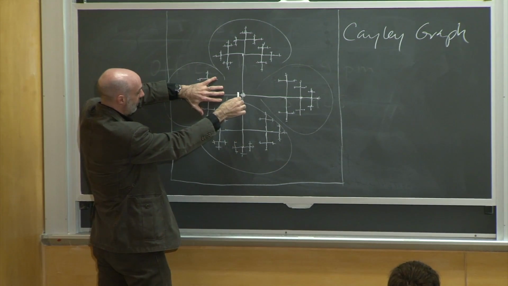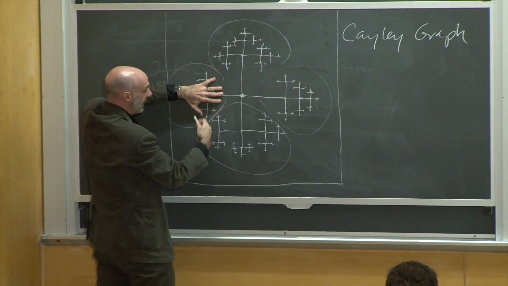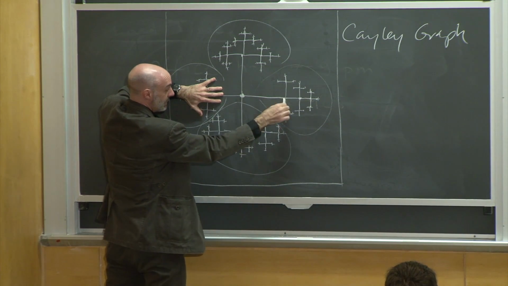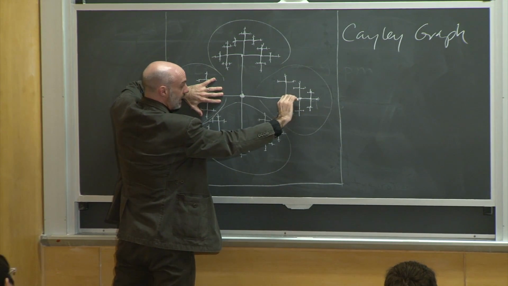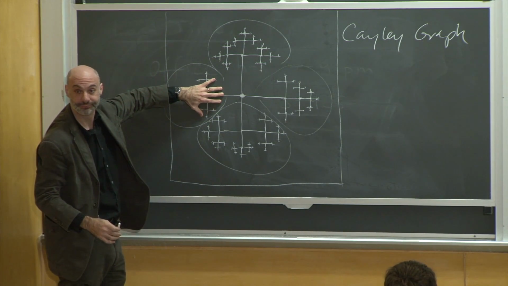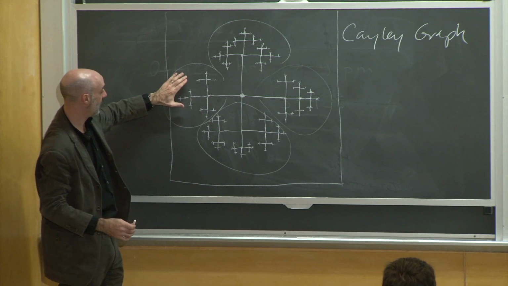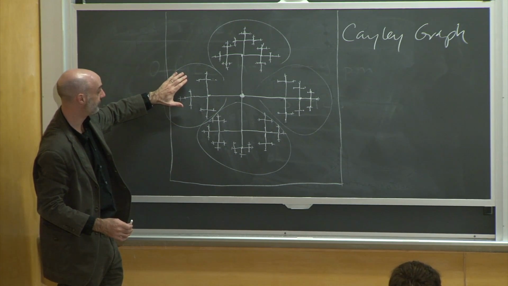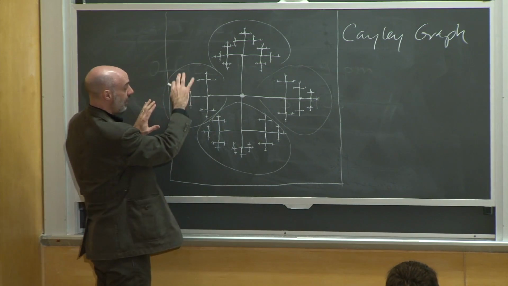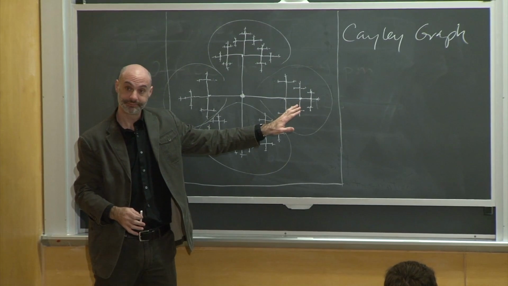It has 3 main stems, and from each stem you have a bunch of other things growing. But that's true of this guy too. It has 3 main stems, and from each stem it has a bunch of stuff growing. And of course, the same is true of any other branch. So if you take any branch, that's going to be just like the rest of the graph minus the quadrant opposite to it.